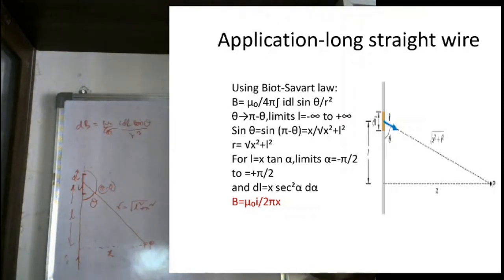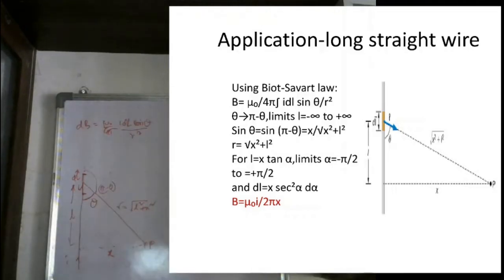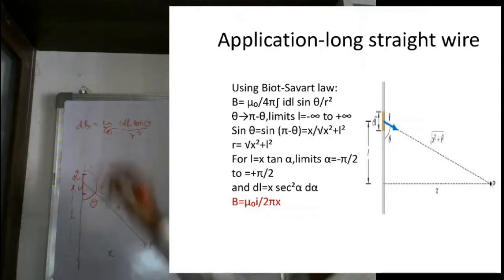Now, what are the limits of this length? The dimensions of the conductor are infinity. Now, from the geometry of this figure, what is r? r is under root of L square plus x square. And what is sin theta?